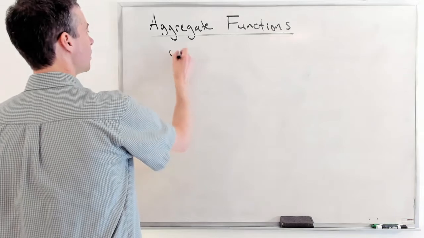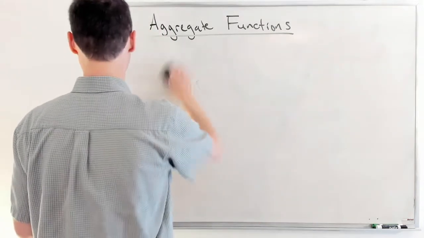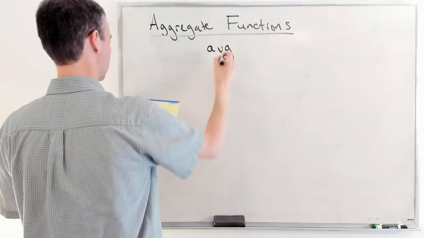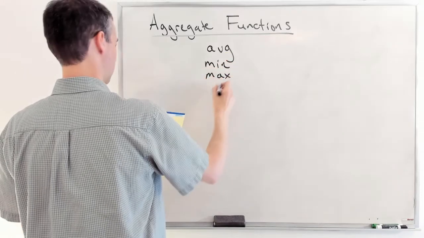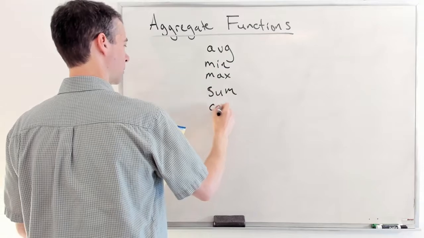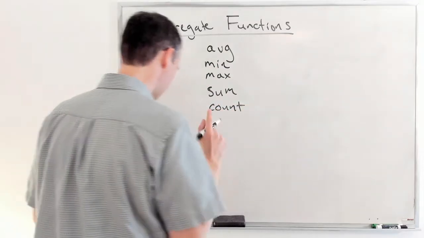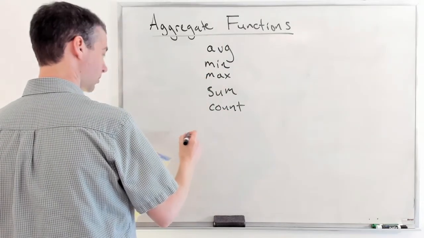So what are these that we can compute? These methods: we can compute the average, the minimum, the maximum, the sum, and we can count a number of rows. Okay, and so the idea is we can apply these to the rows of a select.